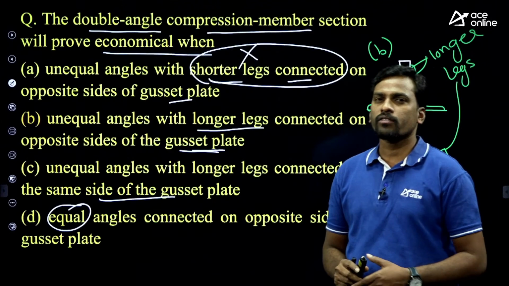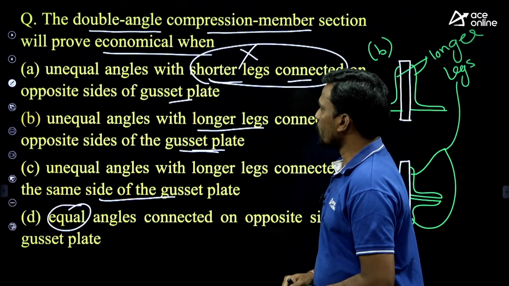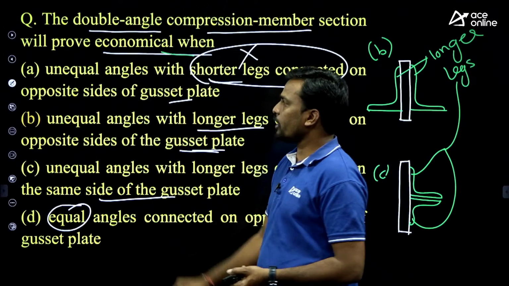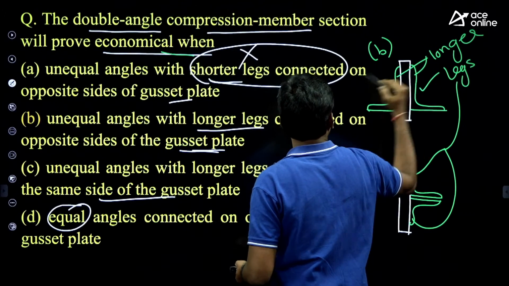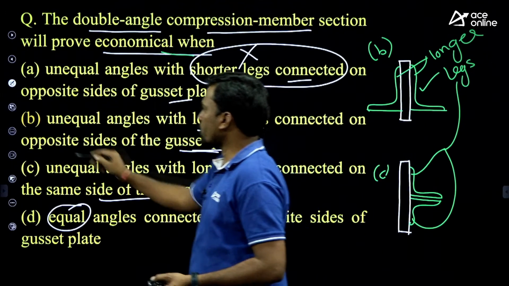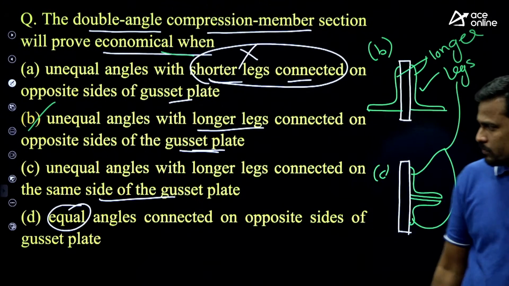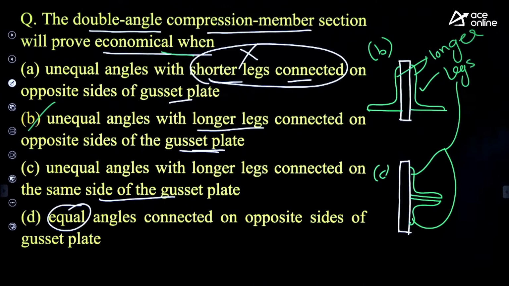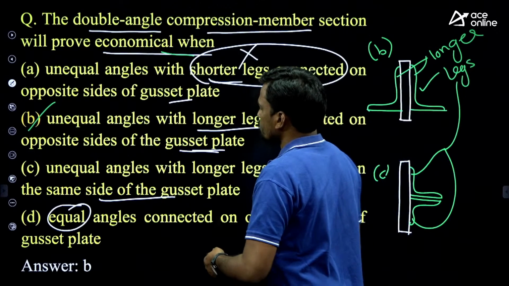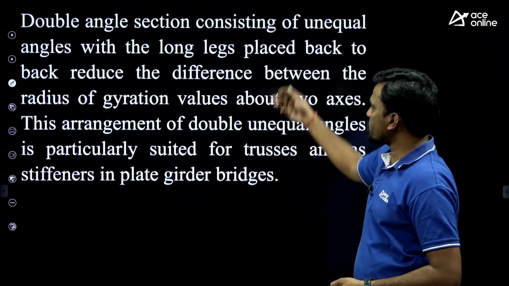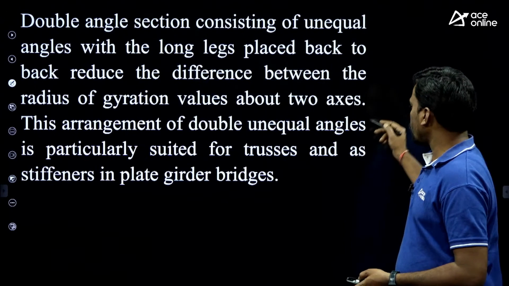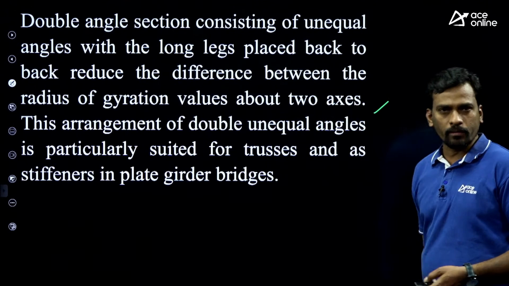If the size of the section reduces, then it is economical. He is asking economical, so this is economical compared to this one. Then option B is correct. So I am giving the explanation here of why it is economical, just one point here.